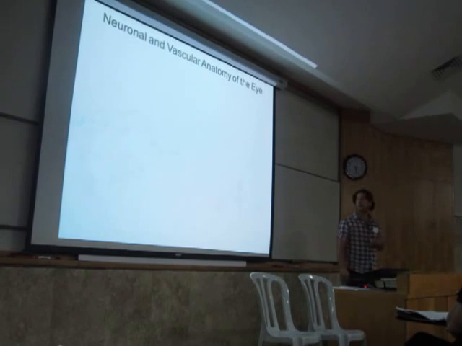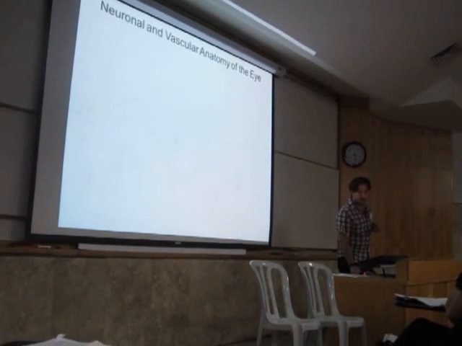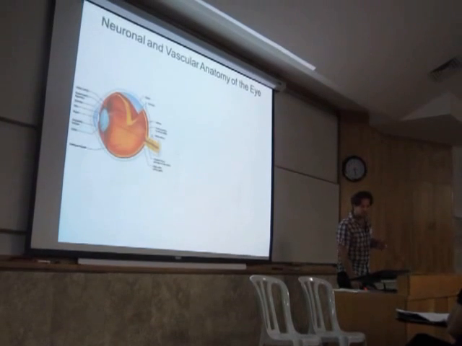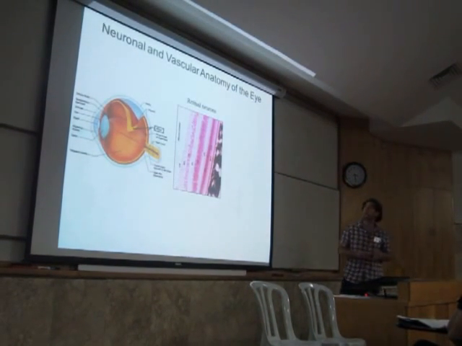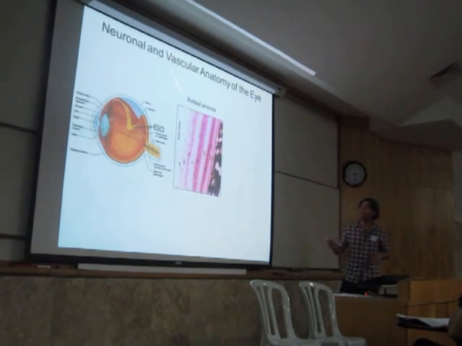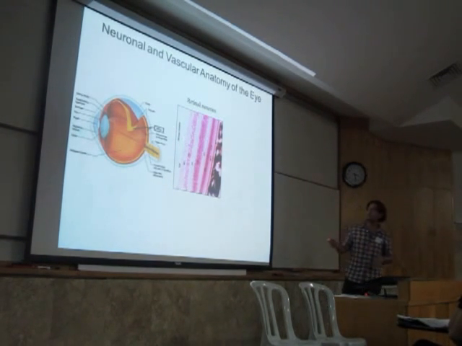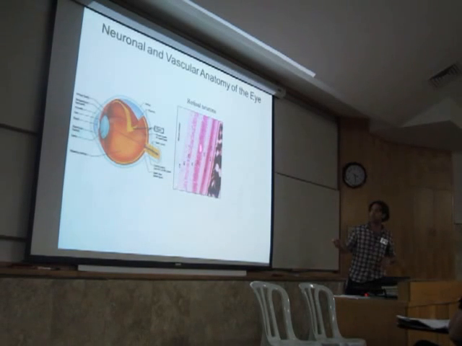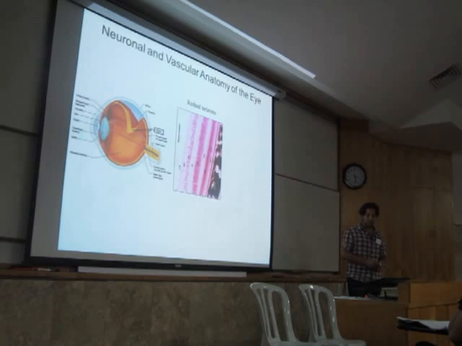So we use the eye for this purpose. Why the eye? Because the eye has a very specific architecture. Okay? We can use the retina to investigate the neuronal part. In the retina, we have very specific and distinct layers of neurons and the synapses that lie beneath them.